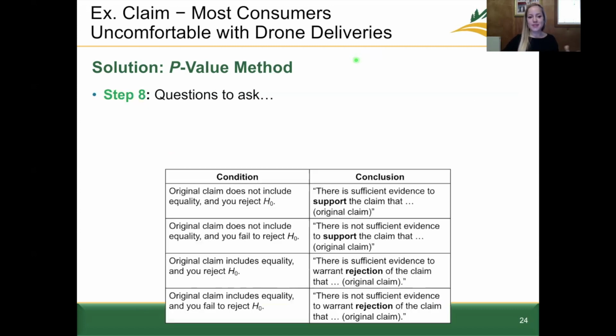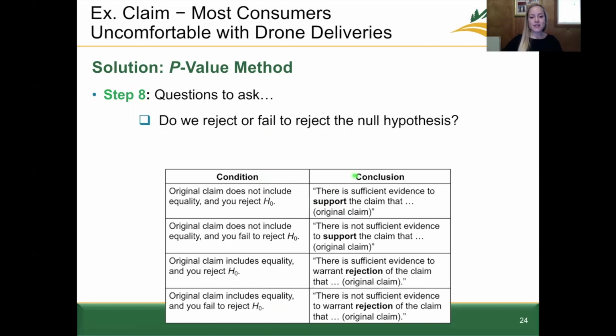So in step 8, we have some questions we can ask that will then help us look at the correct place in this table to then make the correct conclusion. To figure out where we're at in this table, the questions we can ask: do we reject or do we fail to reject the null hypothesis? Why is that one of the questions?